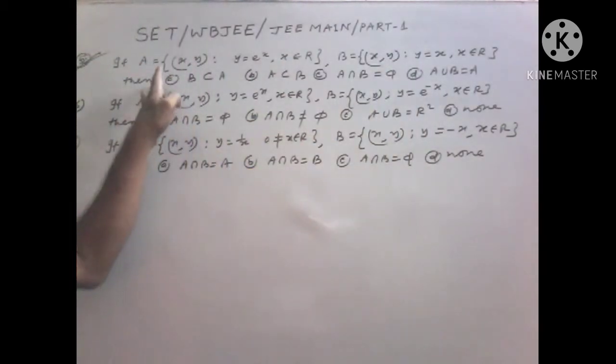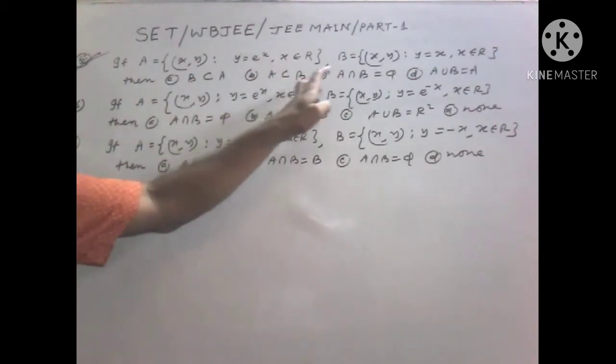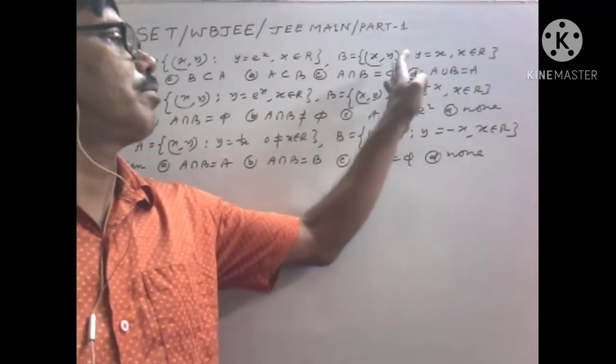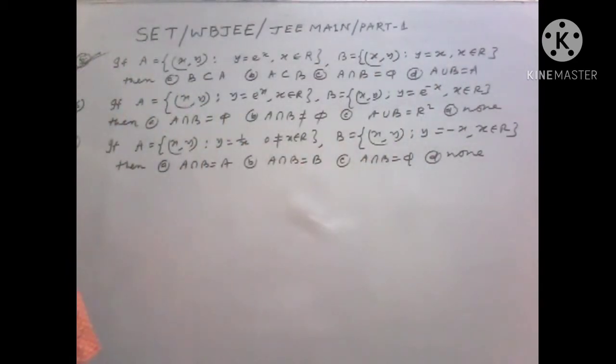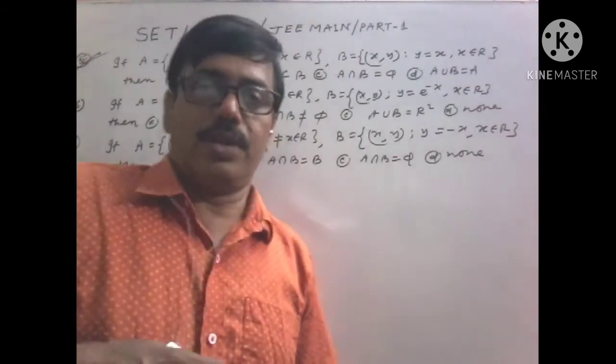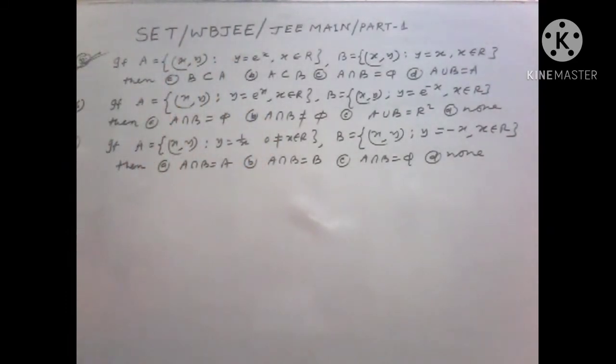Then what is the correct option? B is a subset of A, A is a subset of B, A intersection B is phi, or A union B equals A. Now to solve this problem, we need the idea of graphs.